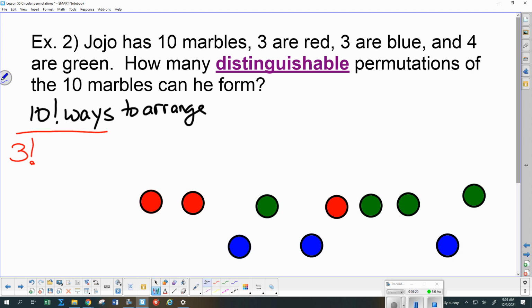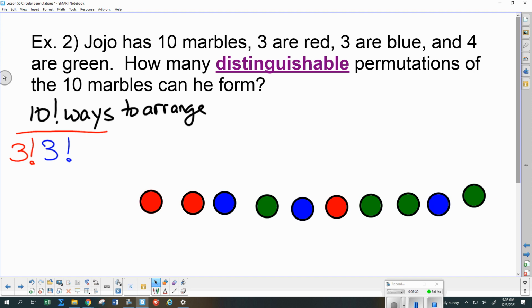Since those all look the same, I need to divide that 10 factorial not only by 3 factorial for the reds, but also 3 factorial for the blues. Anything else I could rearrange and it would still look the same? The greens. And how many ways to rearrange those greens? 4 factorial, since I have 4 greens. So I'd have to divide by 4 factorial to account for all of those repeats.